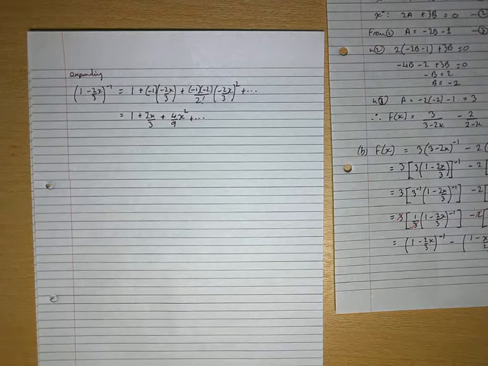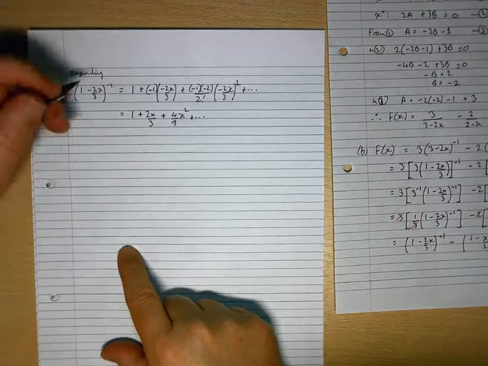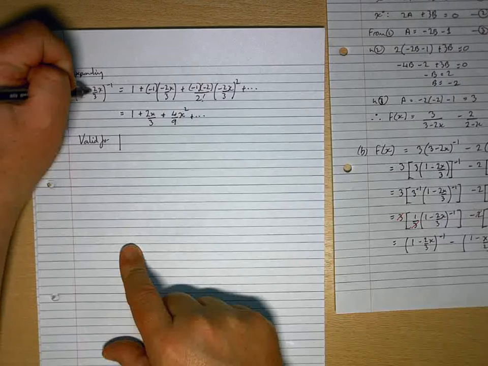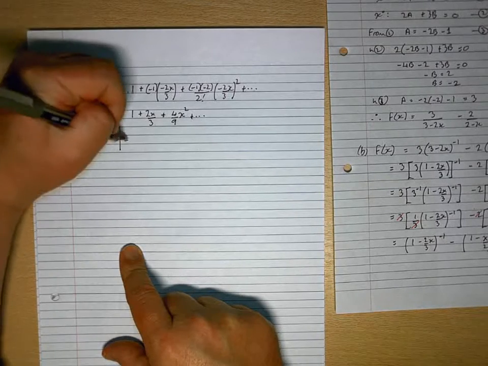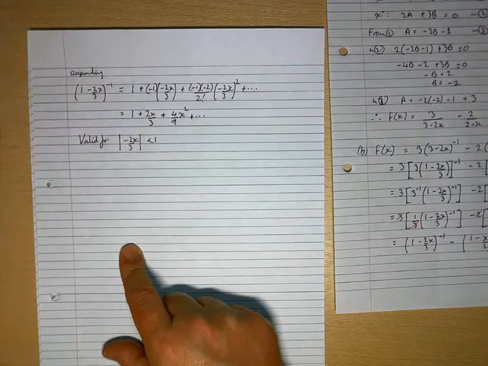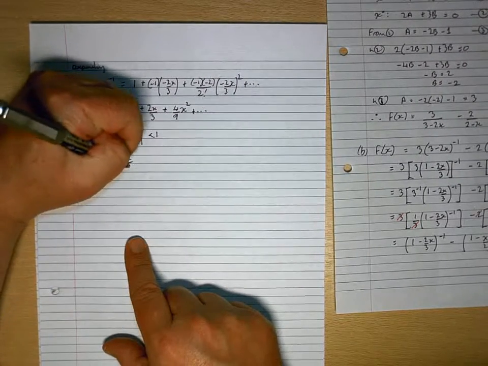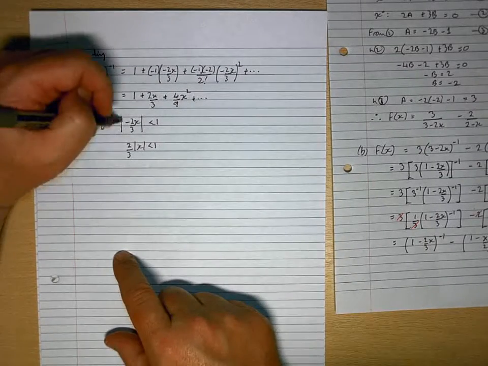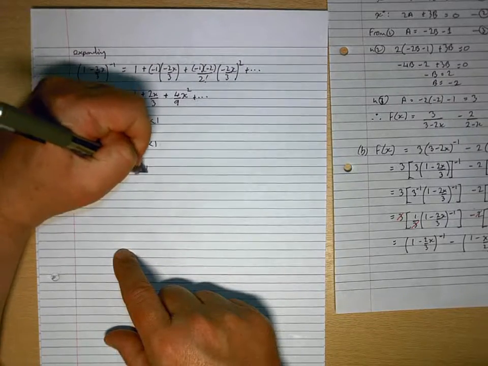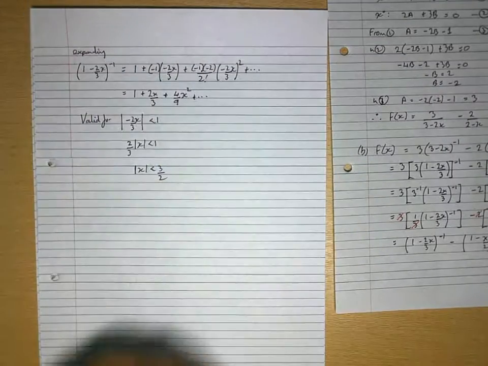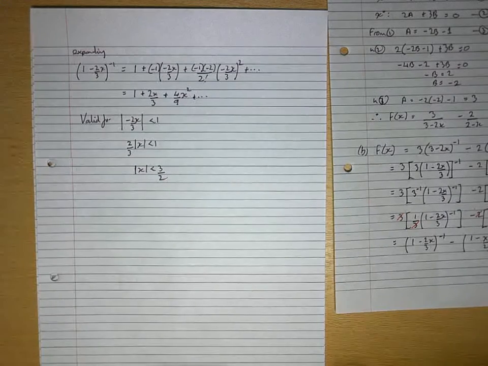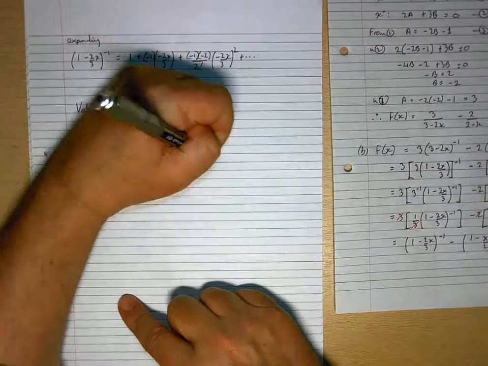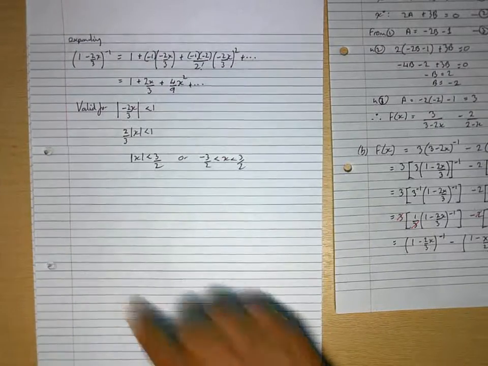We have to remember that that's only valid for particular values of x, so we need to include the validity, and it's valid for the modulus of all of that must be less than 1, which is the same as that, because minus 2/3 is a constant which we force to become positive, giving us that x must be between -1.5 and 1.5. So if you want to write it like that, or if you want to write it like that, it doesn't matter.